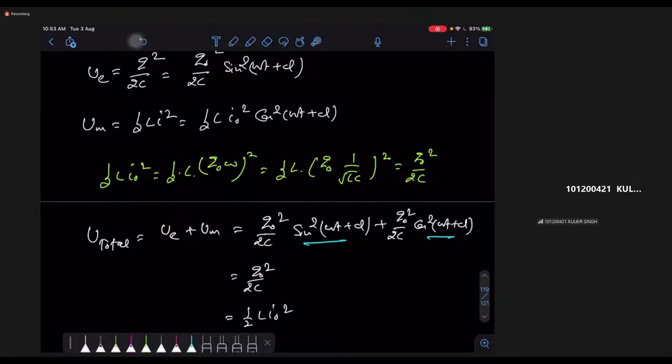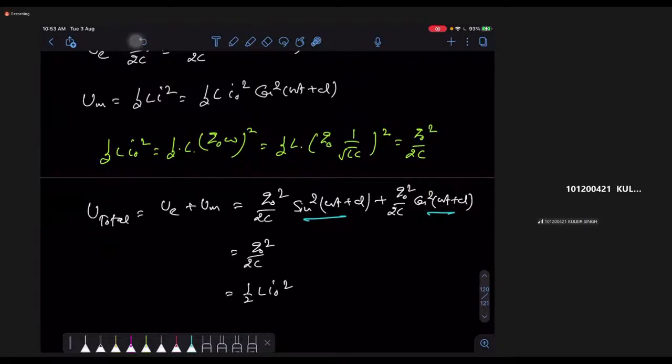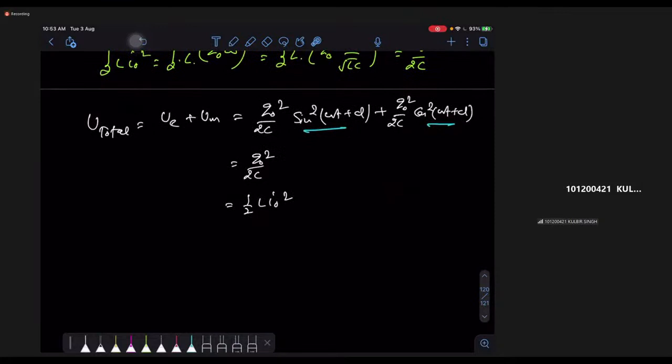So the point is, your total energy is a fixed one. Total energy is not changing. So what is changing? When my electrical energy is increasing, your magnetic energy is decreasing, because when sine is increasing, cos is decreasing. When cos is increasing, sine is decreasing. So in terms of my energy, your total energy is not at all going to change.